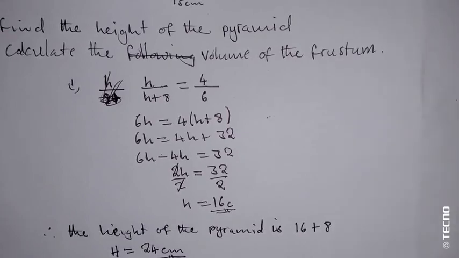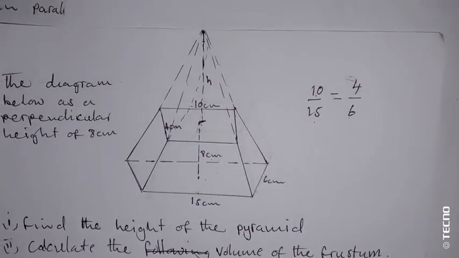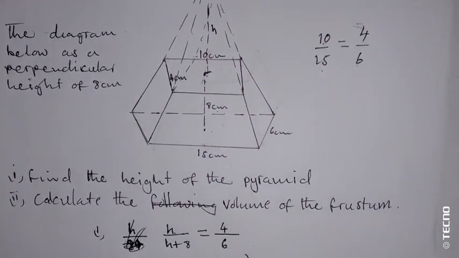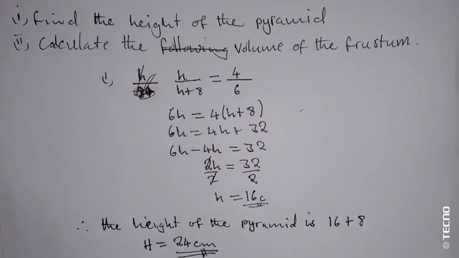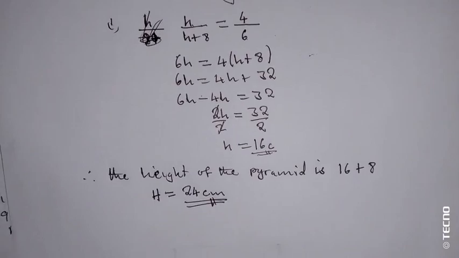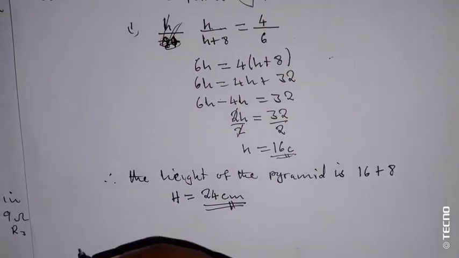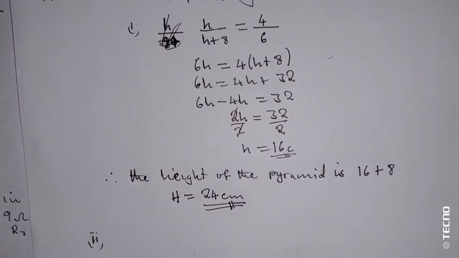So here the height of this pyramid is 24. The total height is 24. The second question is to find the volume of the frustum. So the volume of the frustum, this is the rectangular pyramid.